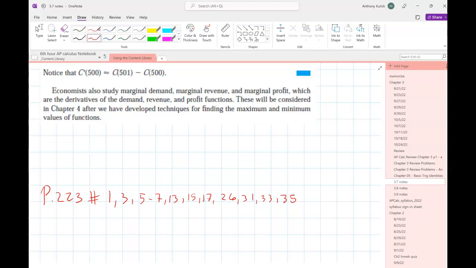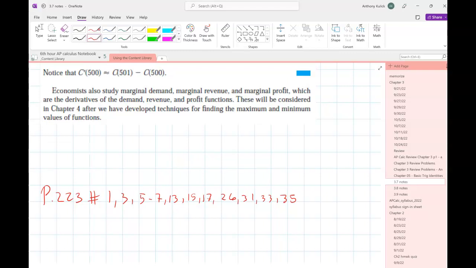Again, next time we'll take questions on this and we'll talk about section 3.8, which is, again, more of these application kind of ideas. And ideally we'll also start 3.9 next time, which is a toughie.